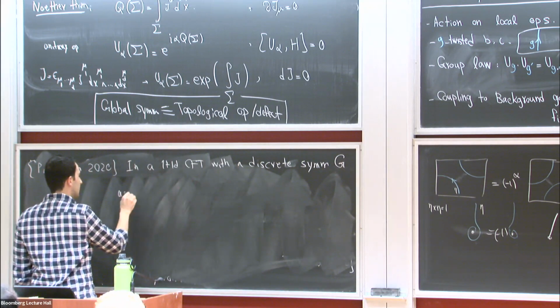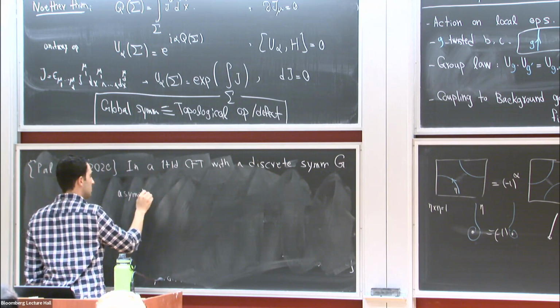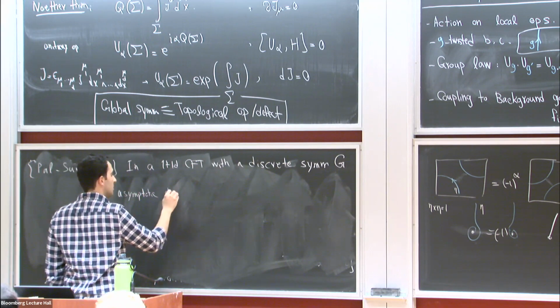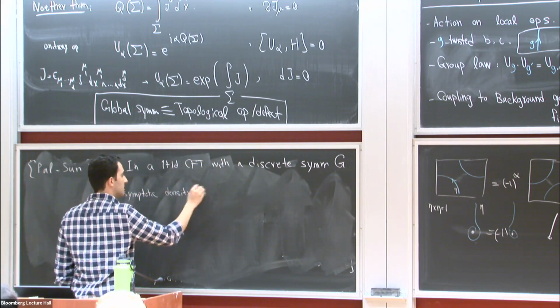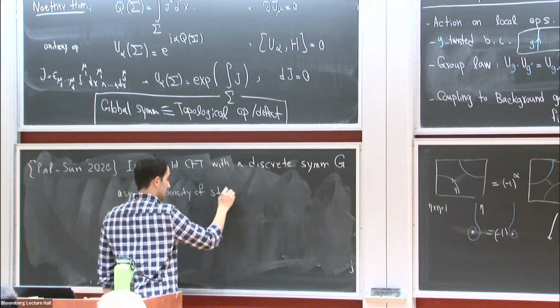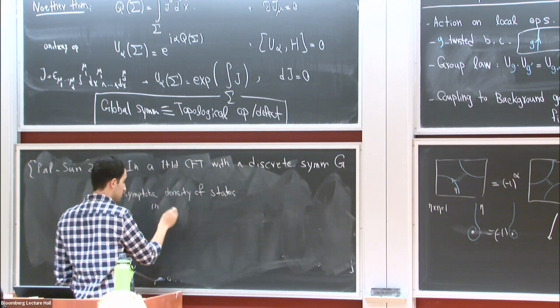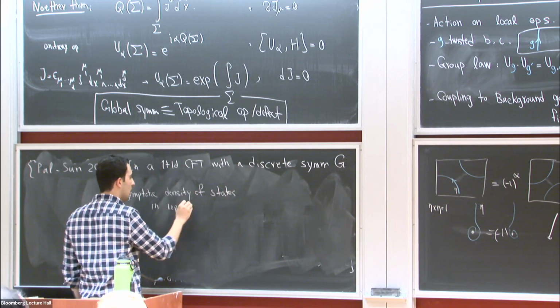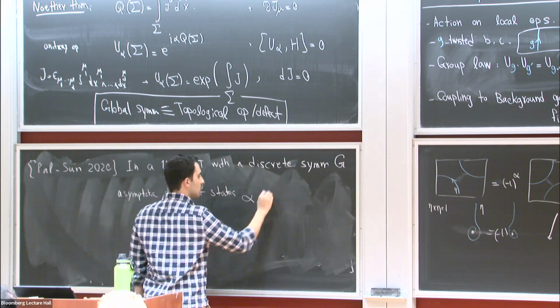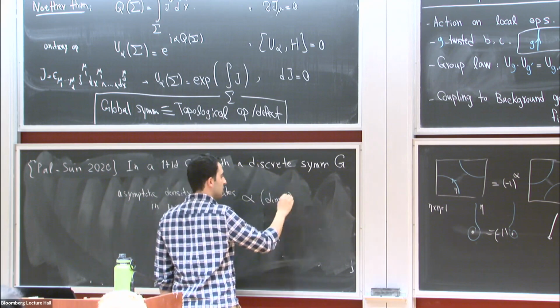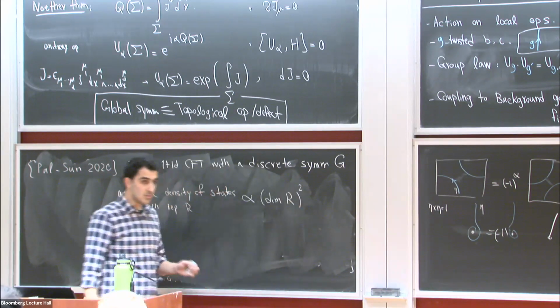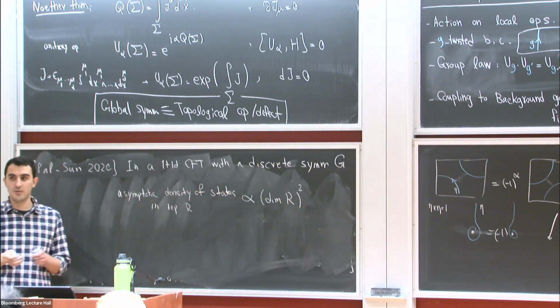the asymptotic density of states in representation R is proportional to the dimension of the representation squared. So it's a finer version of the Cardy formula.